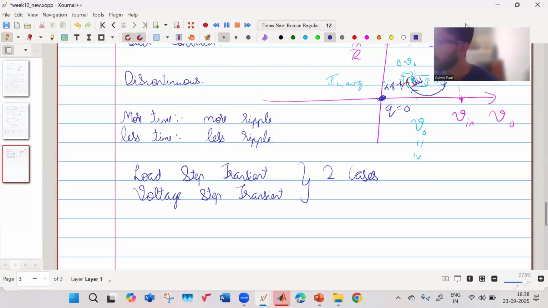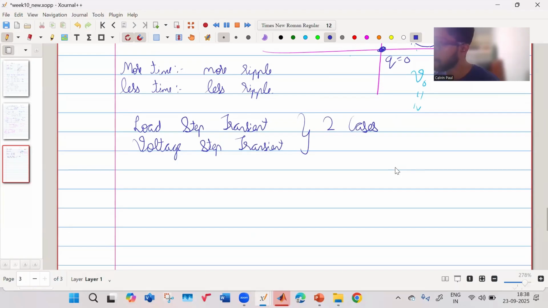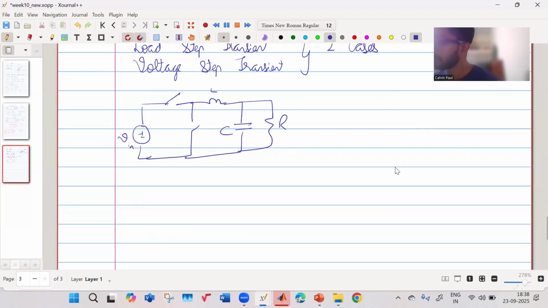So, start. Let's say again, here your buck converter, like this: L, C, R, right? This is how your current will look.